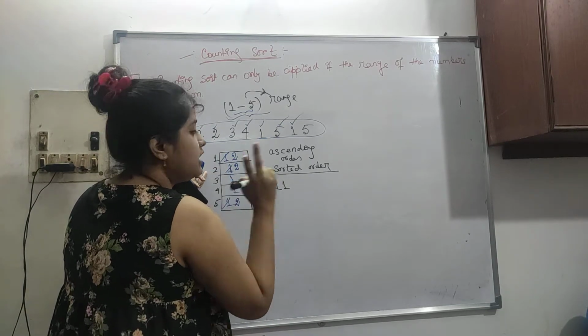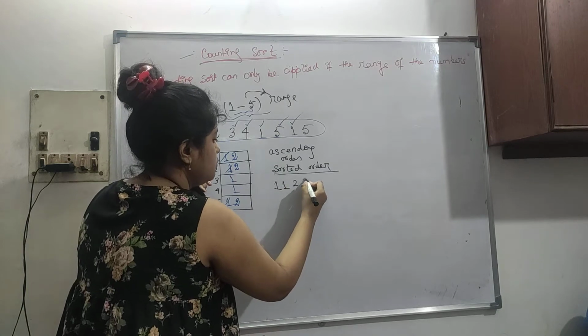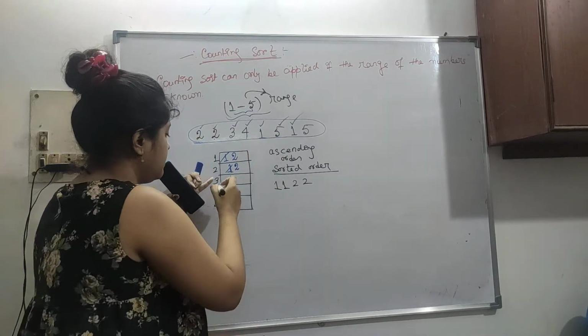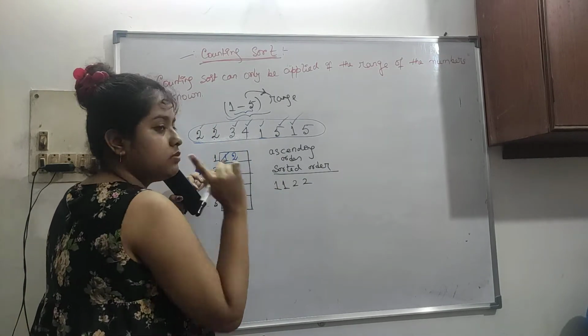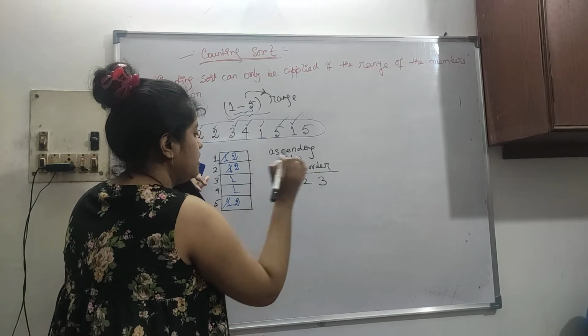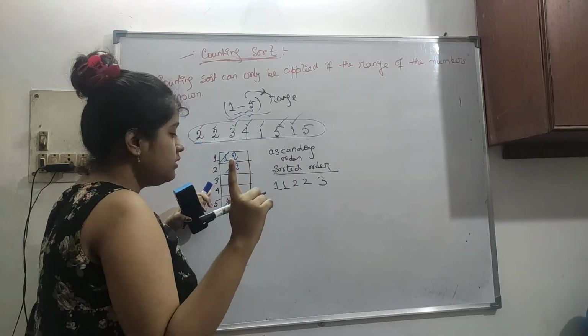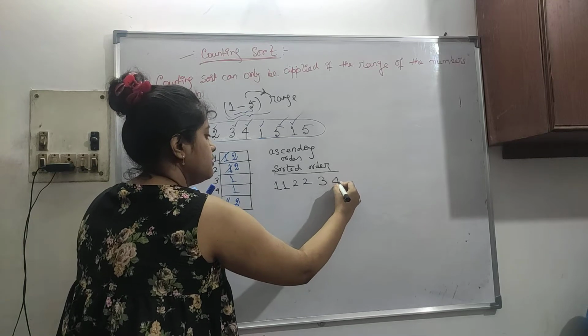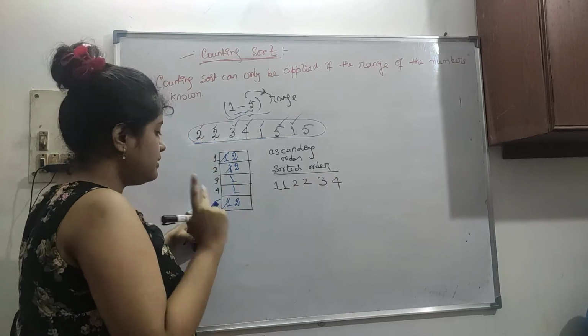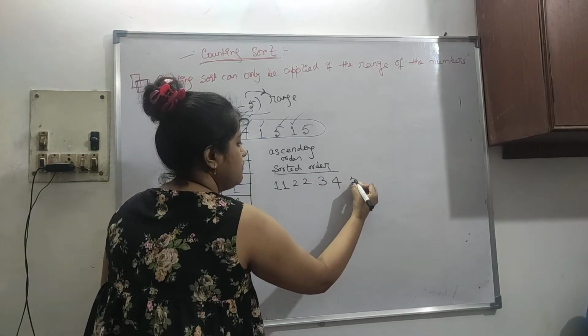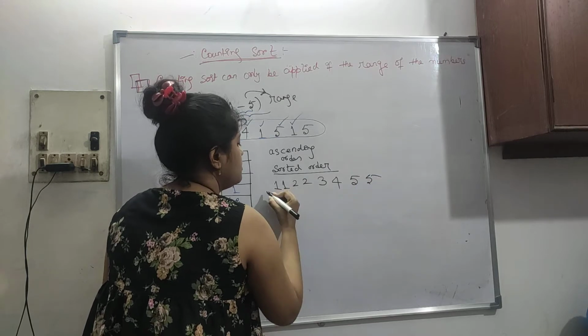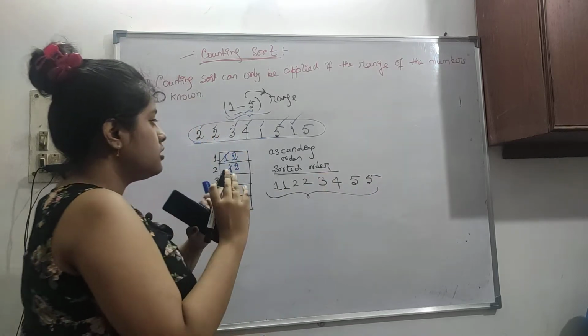Then 2 is present 2 times. 3 has got 1, so 3 is present 1 time. 4 is present. 5 is present 2 times. So you can see this is our sorted order.